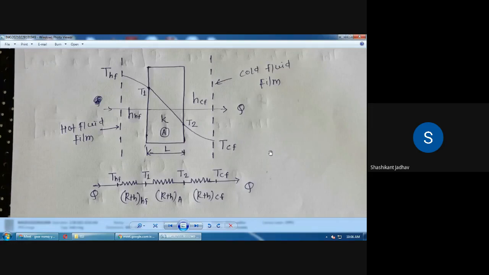Okay, diagram is over. Understand the concept properly so that it is easy to solve the problems related to the overall heat transfer coefficient.